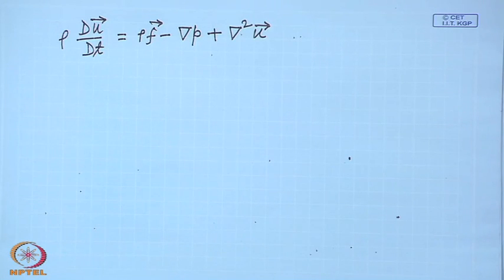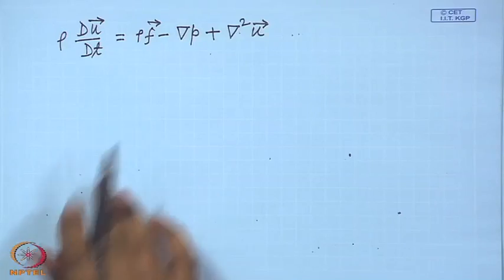You have to remember this equation always in all forms. Of course, this is a vector equation, which means it can be written as 3 separate component equations.